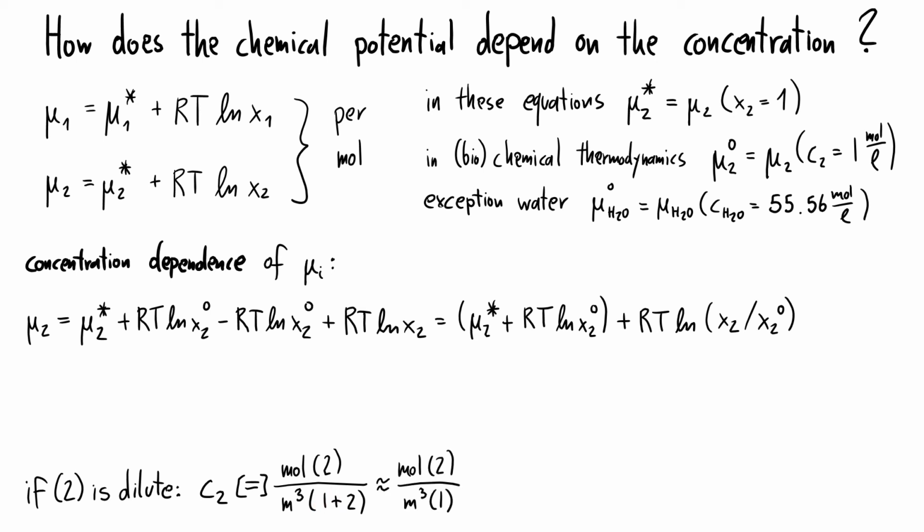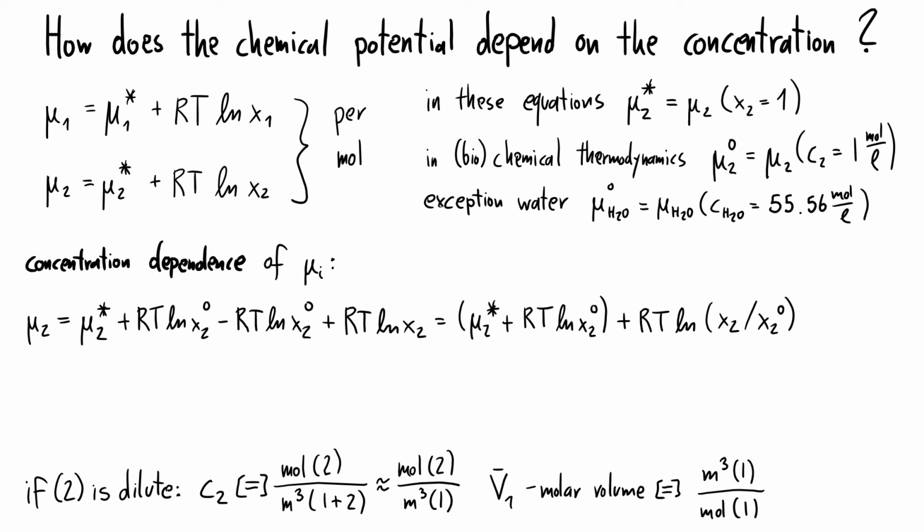And therefore we can approximate the total volume just as the volume of the solvent, component 1, right? Now, the molar volume is written as V bar 1 for the solvent. That's the molar volume. And it has the unit cubic meter solvent per mole solvent.